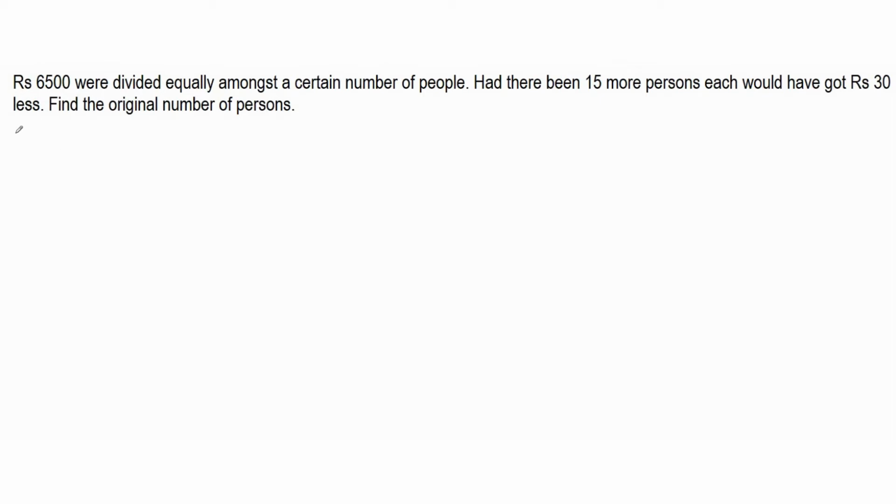So let us assign the variable. Let the original number of people be equal to x, right? Now again, a table is a very good idea here. Let us make the columns. So total money is one column.